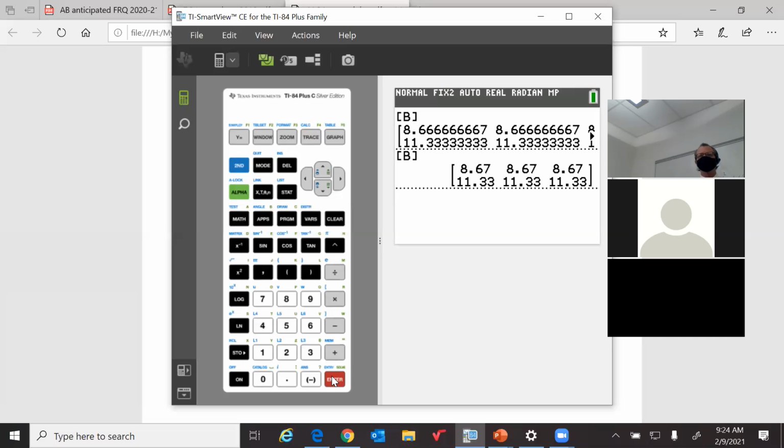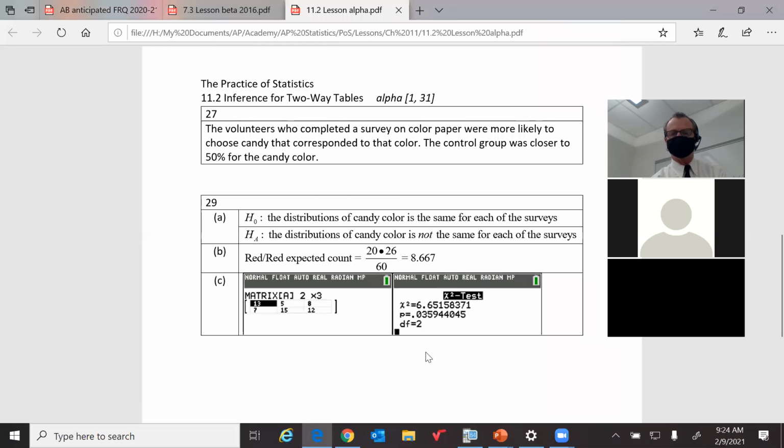The calculator does it for you. So remember that number we got on the PDF, the 8 2/3? We showed you where it came from, but if you run the test, it does it for you. Look, the same thing. The p-value is less than 5%. So we would reject the null.